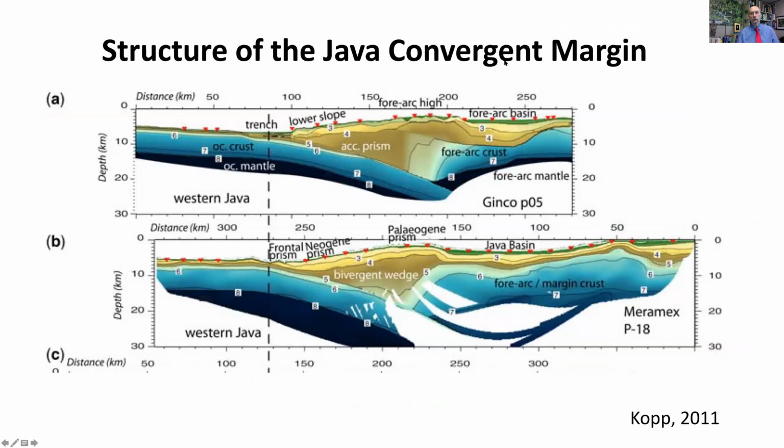So this is the structure of the Java convergent margin based on the refraction surveys. Here's the trench, as we know, the subducting oceanic crust, the accreted sediments of the forearc prism, and the forearc basin. Another picture looking generally similar. Here you can see the high velocity forearc crust.